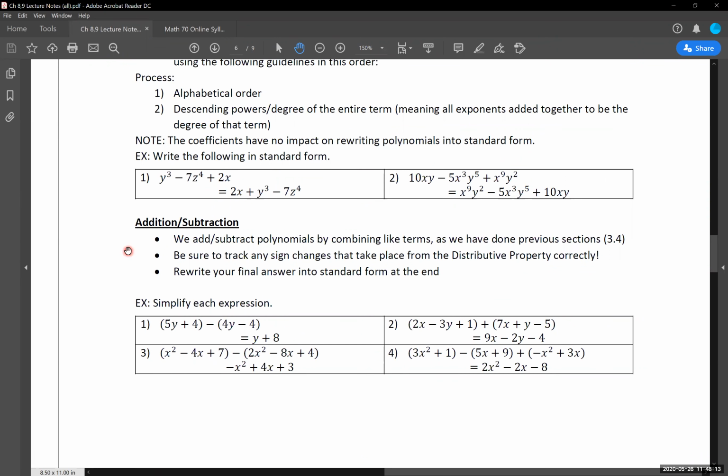The only thing I will try and reemphasize is be sure that you track any sign changes that take place from the distributive property. So if you are distributing this negative through, you are making sure it affects both the 4y and the 4. If you're distributing this negative through over down here, this negative is going through to the 2x squared, it's going through to the negative 8x, and it's going through to the positive 4.